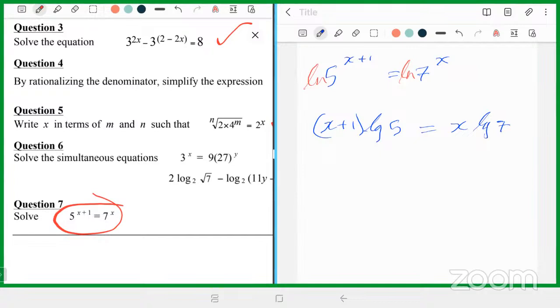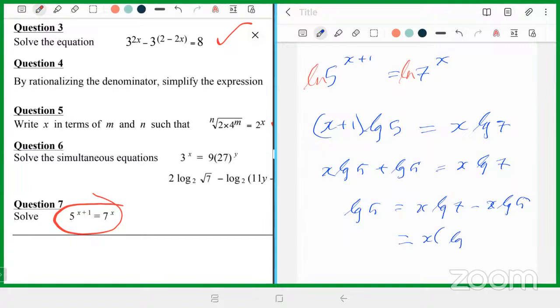We're trying to find the x, so we expand this and get x log of 5 plus log of 5 equals x log of 7. Then we can take this over here and subtract, and get the log of 5 equals x log of 7 minus x log of 5. Factorize the x out of these two terms: x times log of 7 minus log of 5 equals log of 5.